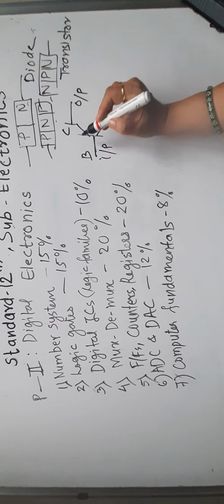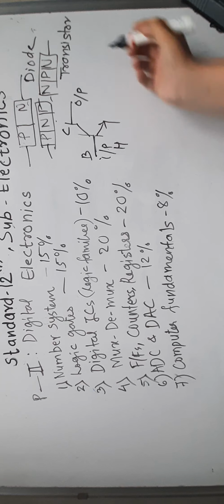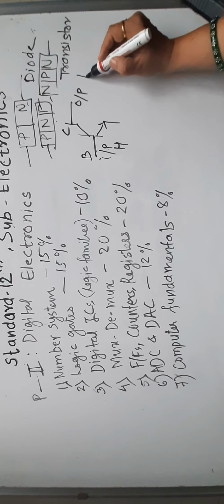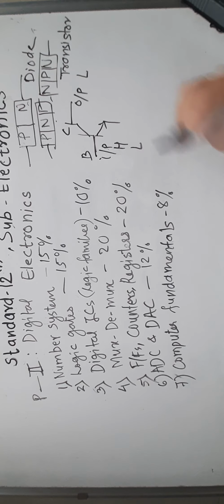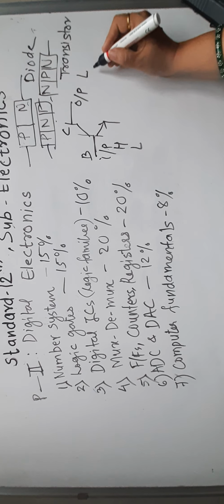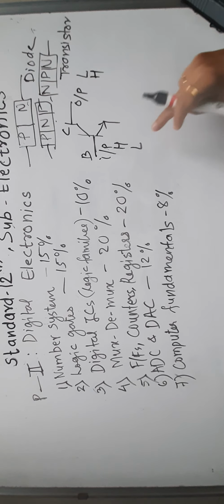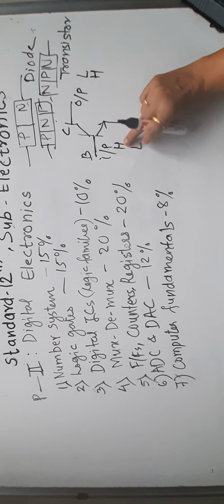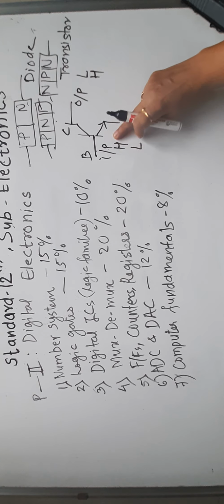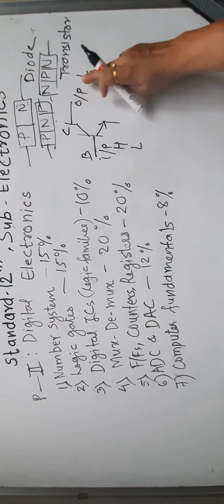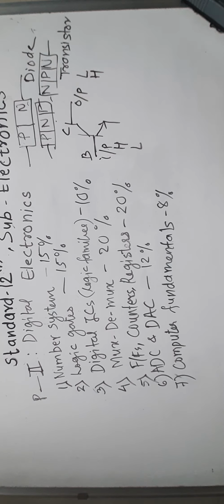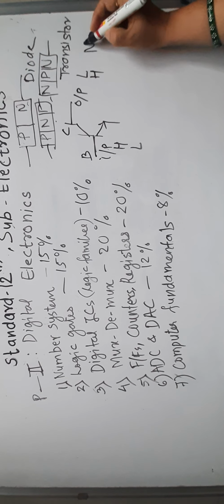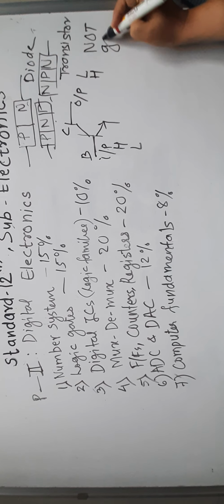If we apply high voltage, then at the collector we see low voltage, and if at the base we apply low voltage, at the collector we see high voltage. So we get reverse output. High voltage applied gives low voltage at output, and low voltage applied gives high voltage. So a transistor itself is a NOT gate. We call it a NOT gate.